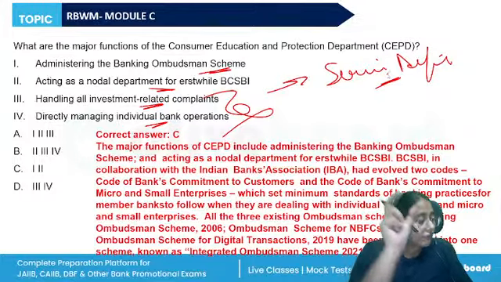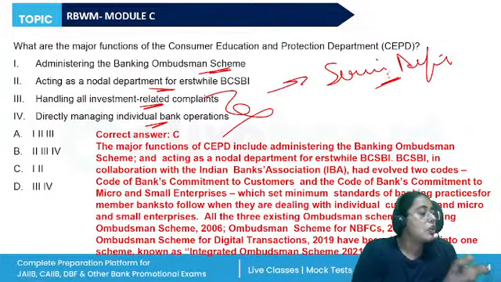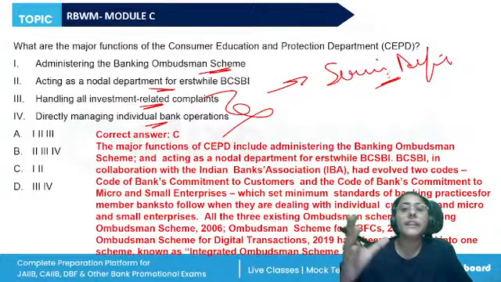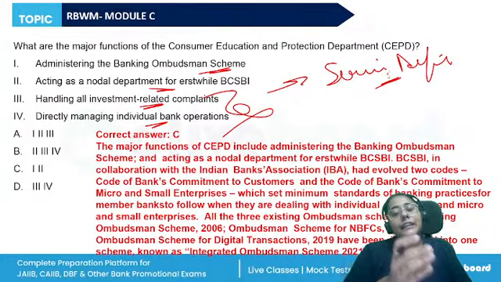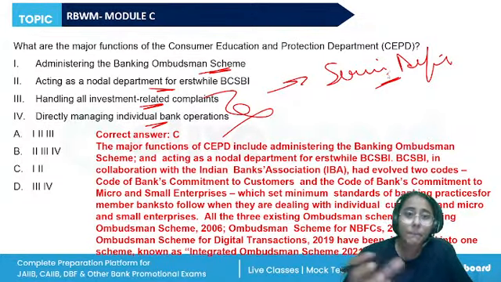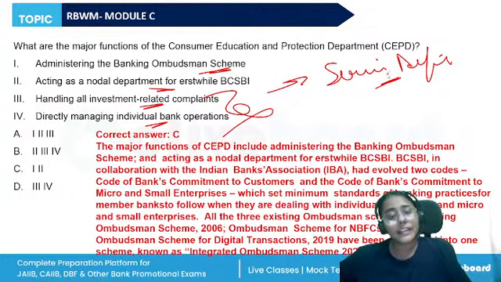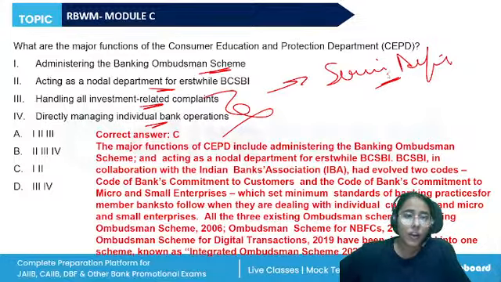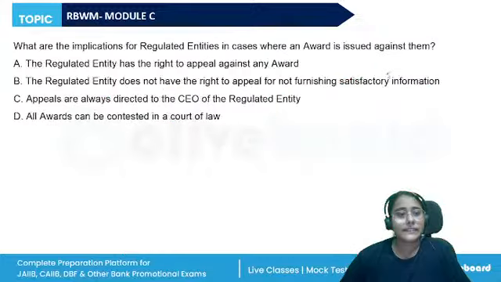They clearly define those complaints which are non-maintainable. So a personal complaint related to the bank employee, or a bank employee's complaint related to their manager, or any, let's say, computer provider, technology provider, these complaints will not be heard by the ombudsman and the CEPD. All right, so the correct answer is C.